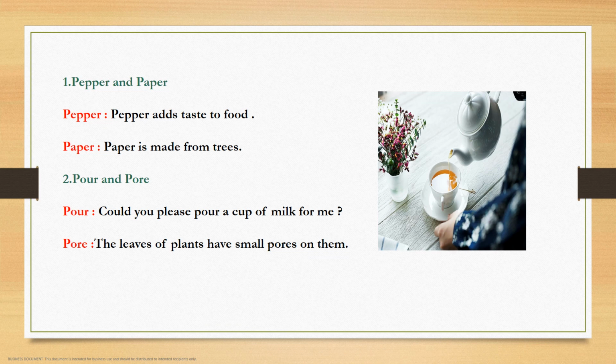Example of a sentence would be, the leaves of plants have small pores on them. I know you cannot see them, but there are small holes on the leaves of the plants and they are called pores.